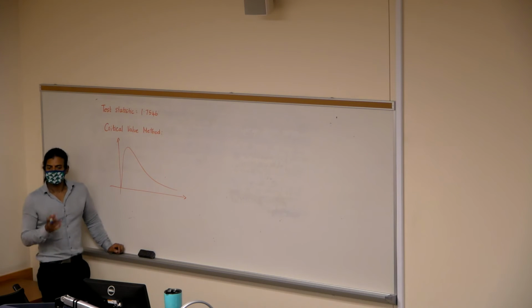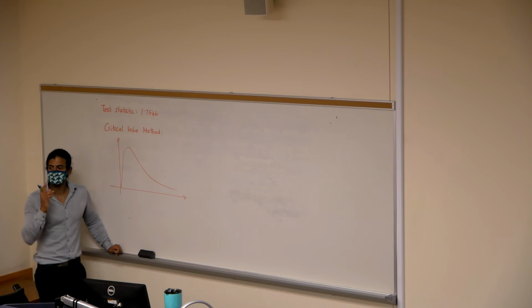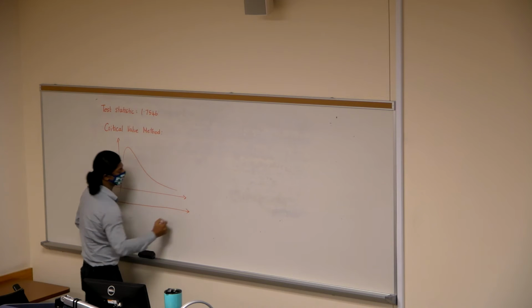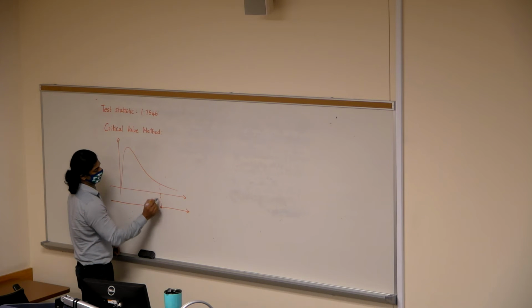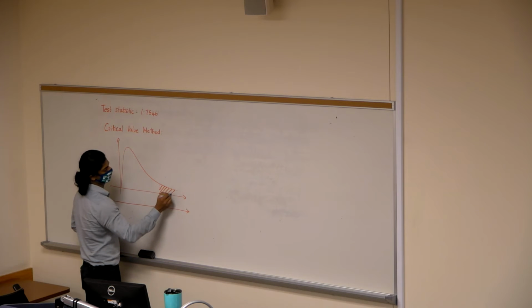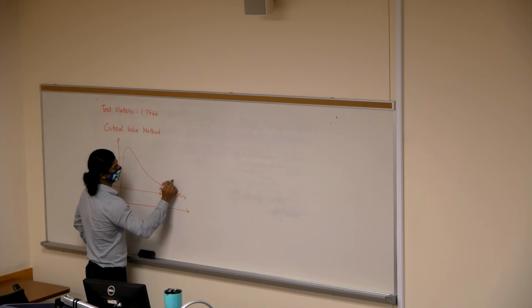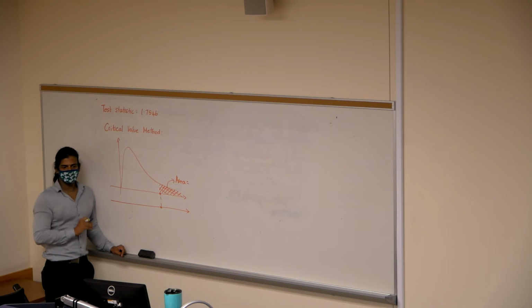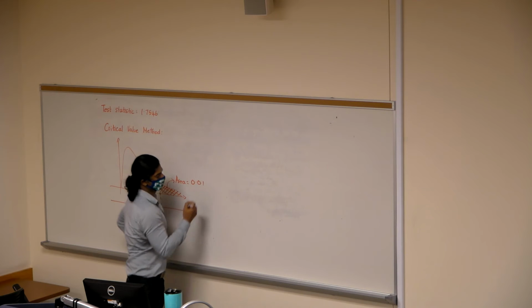Keep in mind, a chi-square test is always a right-tail test. There is no left-tail test when it comes to chi-square. What is that shaded area? What is that amount of area? That equals alpha, which is 0.01.